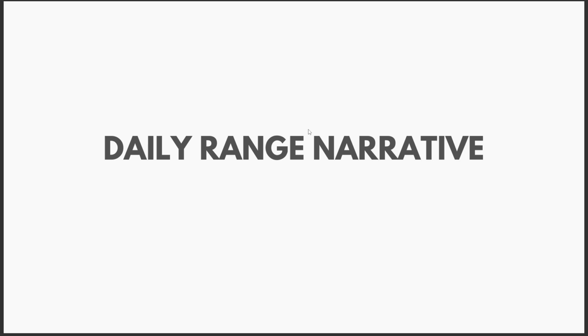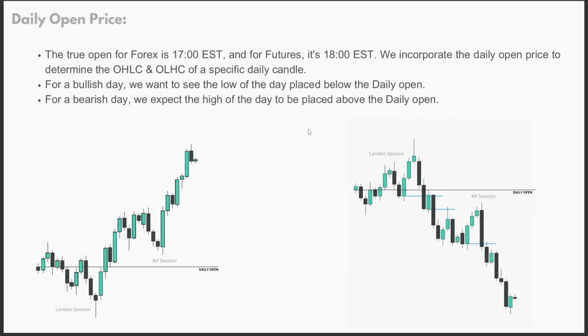So first up, what do I mean by the daily range? The daily range is actually the price action within the single daily candle. Now the first thing that comes in the daily range is the daily opening price. The true open part of Forex is 17 EST, Eastern Standard Time, and for the futures it is 18 Eastern Standard Time, and this will not be affected by daylight savings.